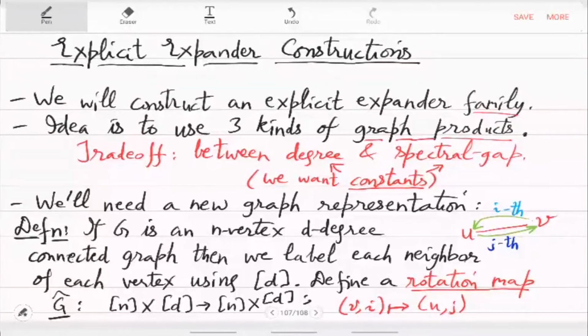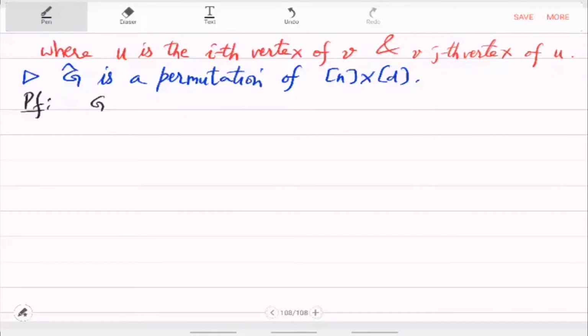Simply because of this picture. If you look at this diagram, from this it is obvious. So that's why it is a 1-to-1 onto map. For onto, every pair is covered.